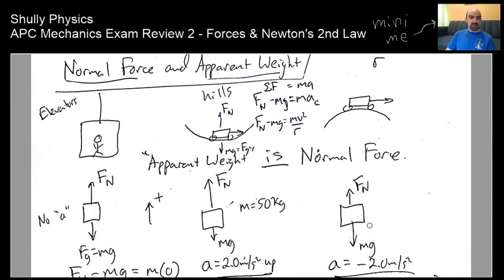Moving down to normal force and apparent weight. Apparent weight is normal force. You apparently weigh a certain amount, like let's say you're just standing on the floor or sitting on your chair watching this video. Then the weight that you feel against your seat is the normal force pushing up.